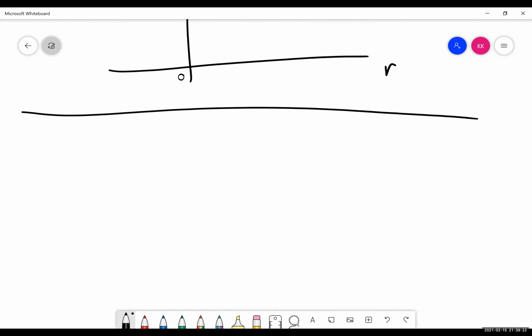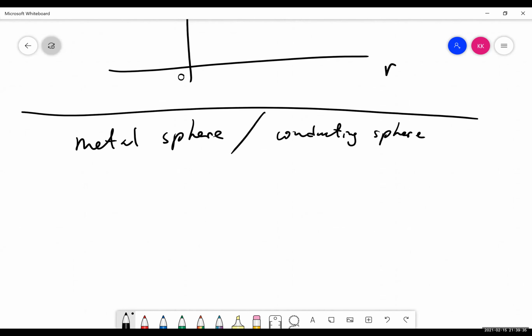Now let's look at some kind of metal sphere, because a metal sphere is basically a conducting sphere, right? So a conducting sphere, let's say, which means you have a conductor with the size r.